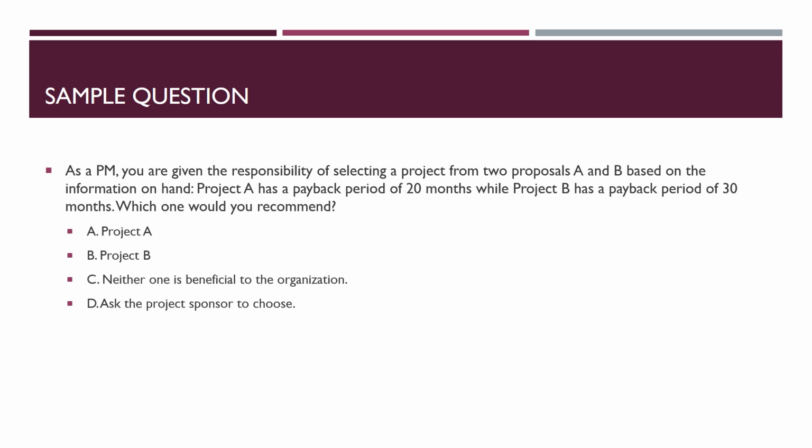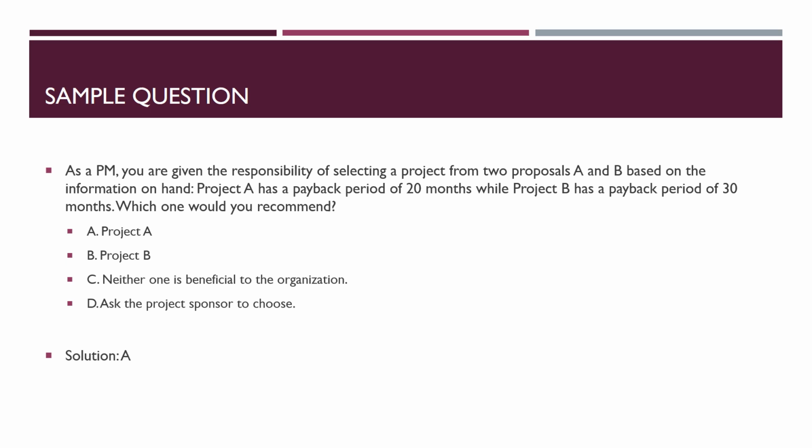You've got A, B, or C, and obviously the right answer to this question is project A because the payback period is 20 months. So that means the amount of money the organization invests in project A, the organization will earn it back in 20 months and then start making profits from the 21st month.